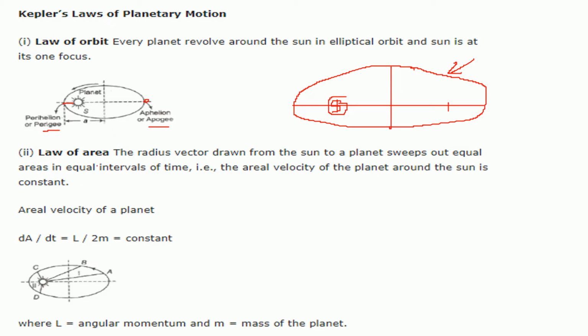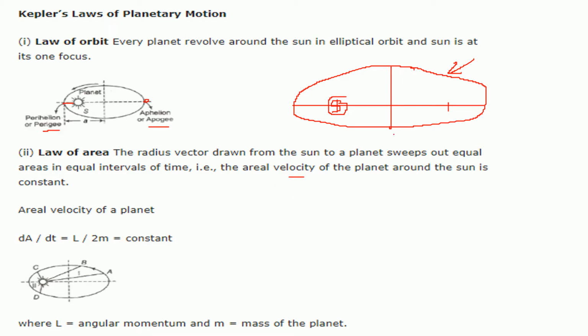Then Kepler's another law, which is the law of area. The radius vector drawn from the Sun to the planet will sweep equal areas in equal intervals of time. This means the areal velocity of the planet around the Sun is constant.